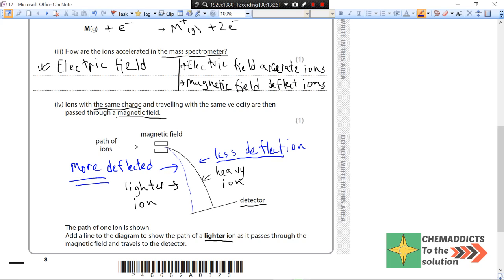Now let's discuss why the lighter ions are more deflected and the heavier ions are less deflected.